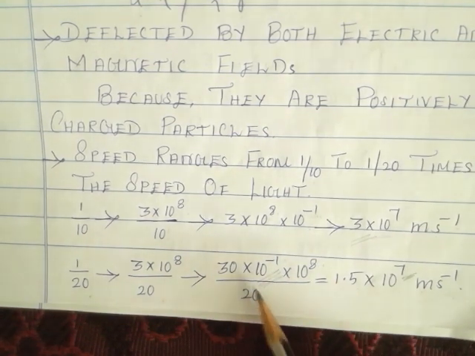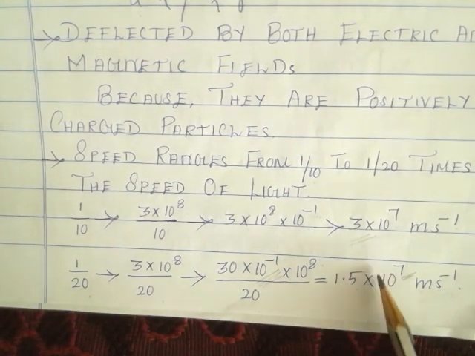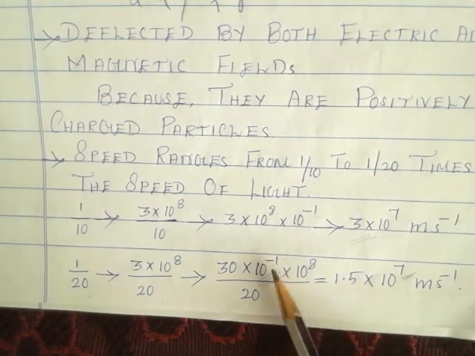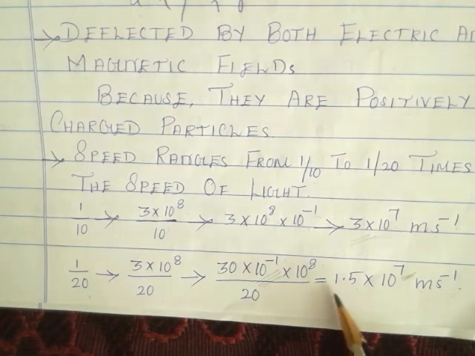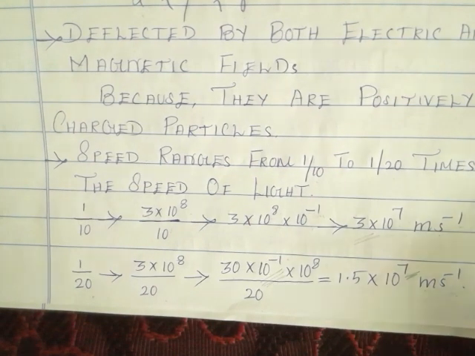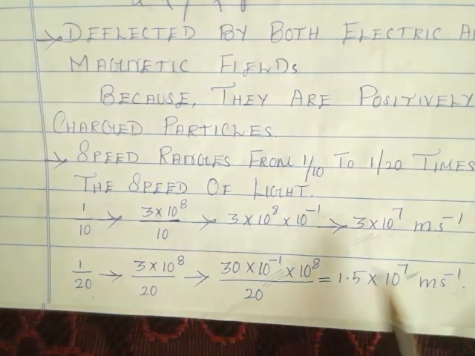Therefore 30 by 20 is equal to 1.5, into 10 power plus 8 minus 1, means plus 7. That is the range: 1.5 into 10 power 7 meter second power minus 1. That means the speed range of the alpha radiations is from 3 into 10 power 7 meter second power minus 1 to 1.5 into 10 power 7 meter second power minus 1.